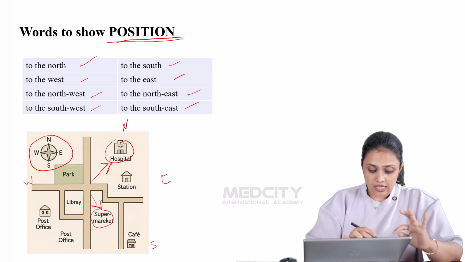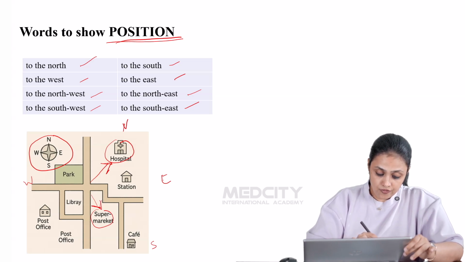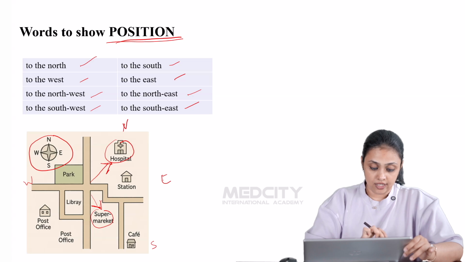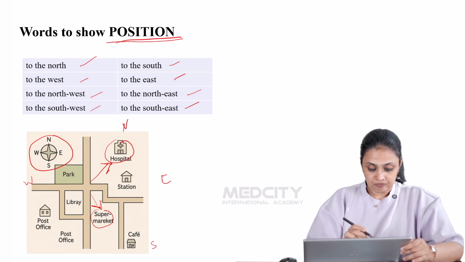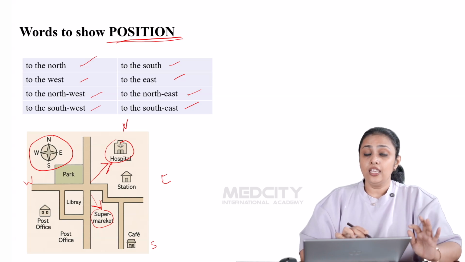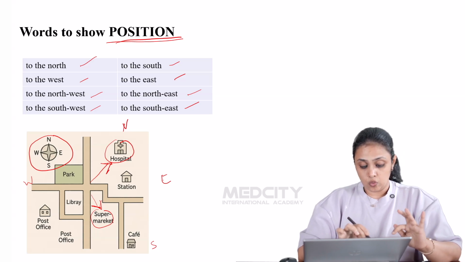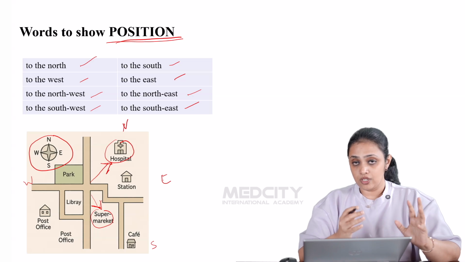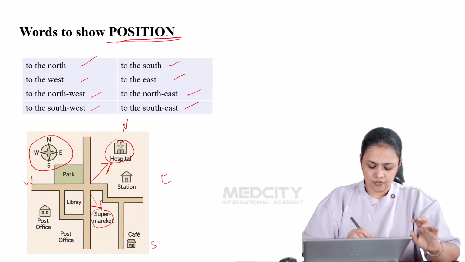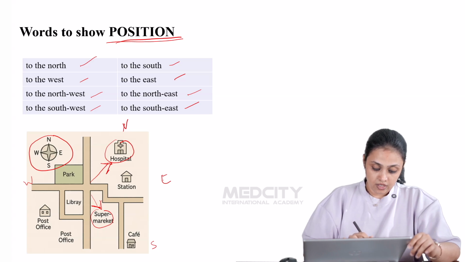Or you can describe one feature's position relative to another one. For instance, if you're taking the hospital, you can say the cafe which is located to the south of the station.